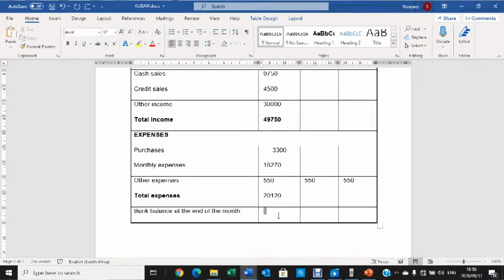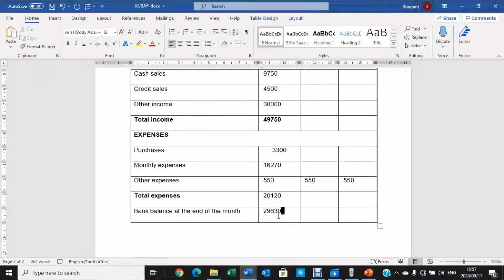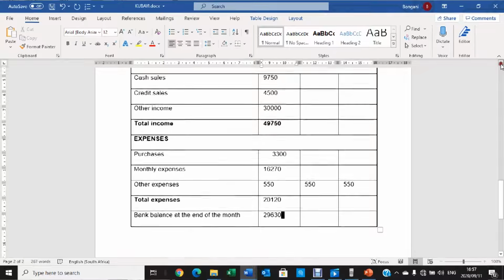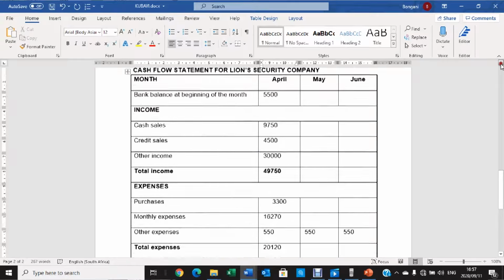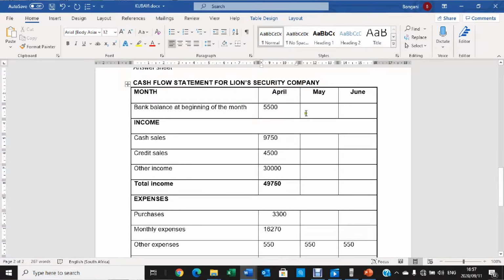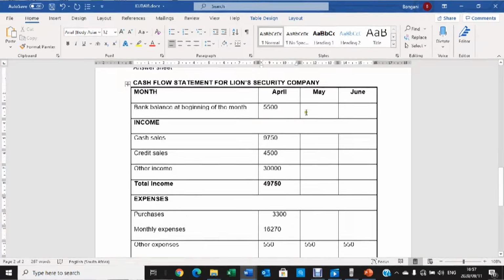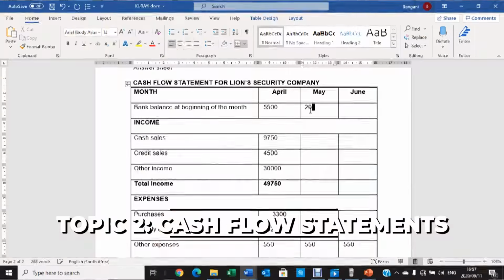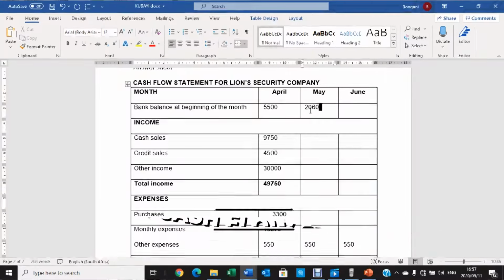Then the balance at the end of the month of April, it is going to become the balance at the beginning of May. Then we go to balance at the beginning of May. We said the balance at the end of April, it is going to become the balance at the beginning of May. Then we are going to record the 29,630 as our balance at the beginning of May.